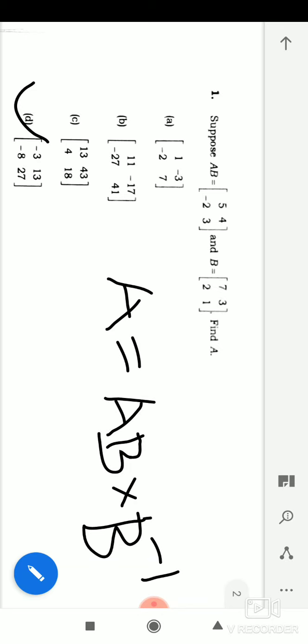So the value of A will be AB into B inverse. First we find B inverse, then multiply AB with B inverse, and we get the answer minus 3 13 minus 8 27, which is given in option D. So option D is the correct answer.